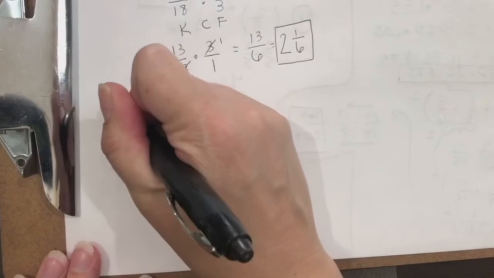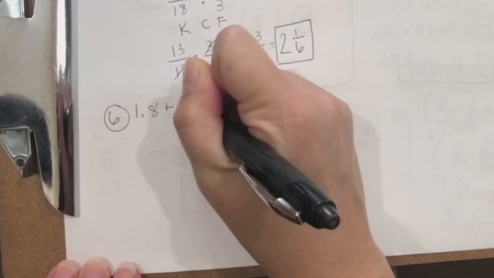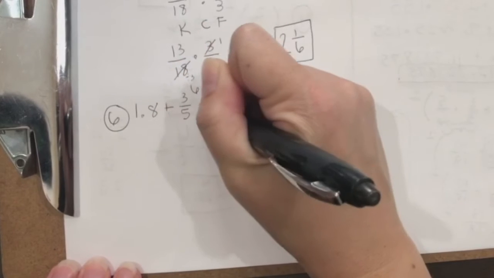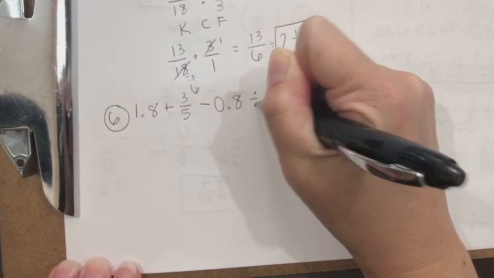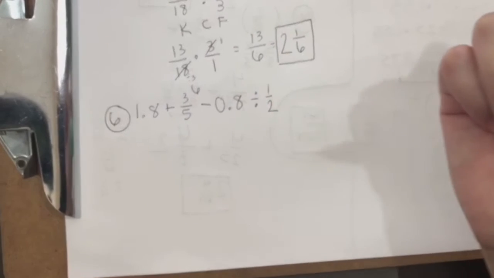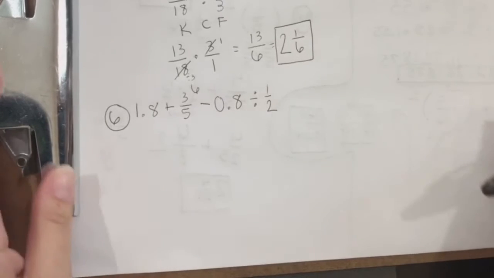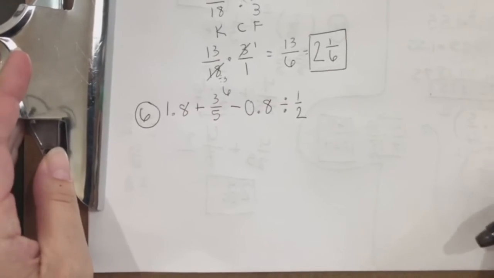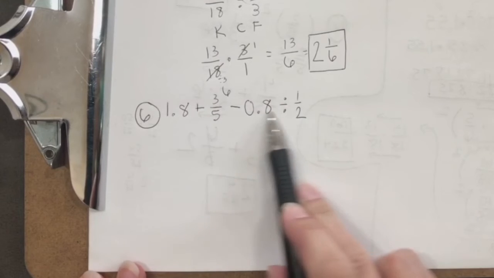Number 6, 1.8 plus 3/5 minus 0.8 divided by 1/2. So we have fractions and decimals. So we need to decide, do we want to have everything in decimals or do we want to have everything in fractions?